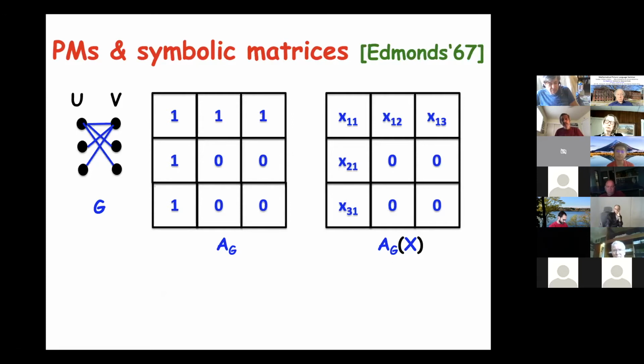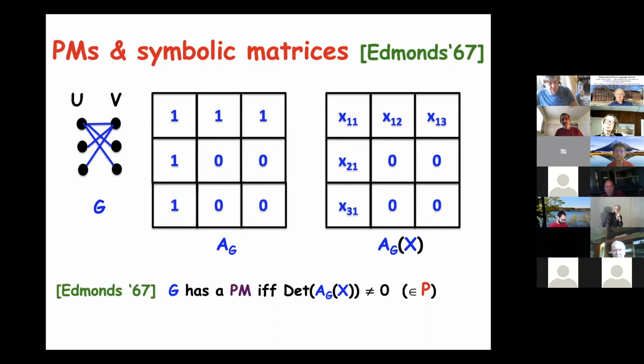And you can observe that the graph has a perfect matching if the determinant of the symbolic matrix, which is now a polynomial, is not identically 0. It's obvious because monomials cannot cancel each other as all the variables in the entries are distinct.